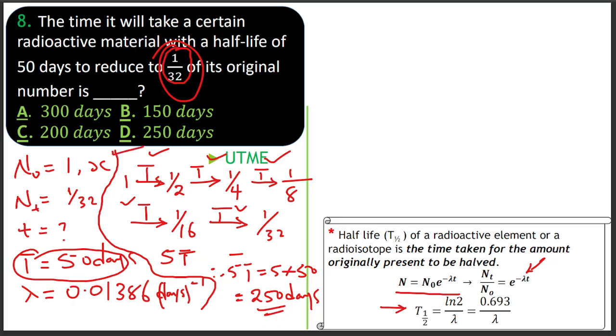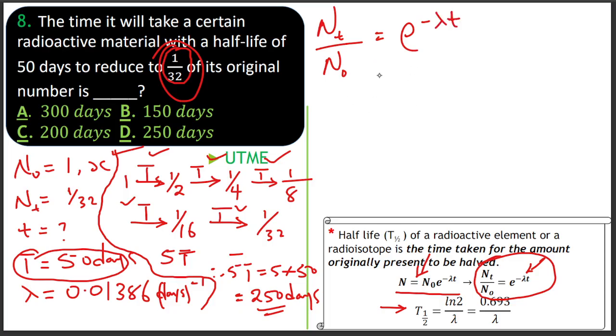All right. Okay, so if I don't want to use the arrow method, I can as well decide to use this formula. You can use this one, or you use this one. It's the same thing. So N sub t over N naught is equal to e raised to the power minus lambda t.